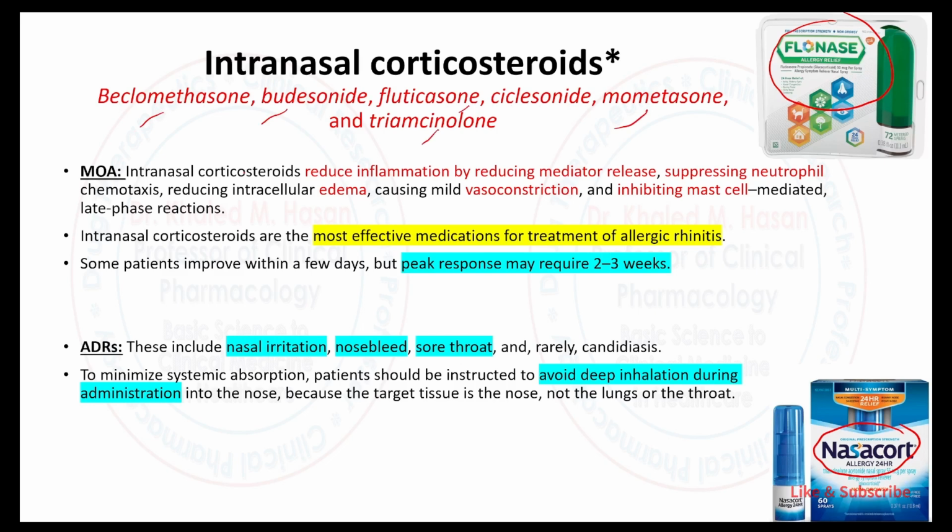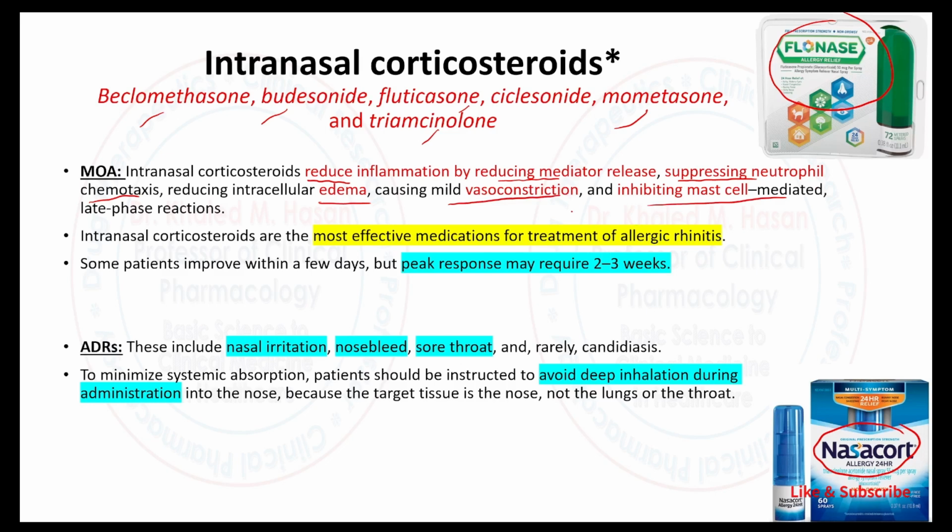The purpose of using intranasal spray: they found this medication reduces inflammation. It reduces release of mediators. It suppresses white blood cells, especially neutrophils, and suppresses chemotaxis. It decreases edema. It causes mild vasoconstriction and inhibits the mast cell mediated late phase.